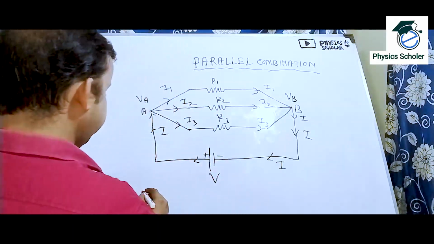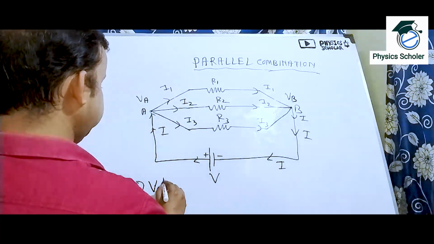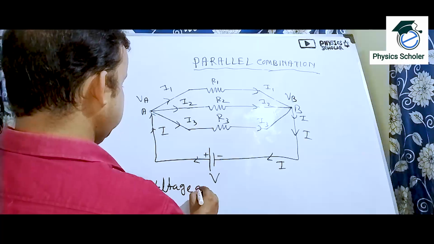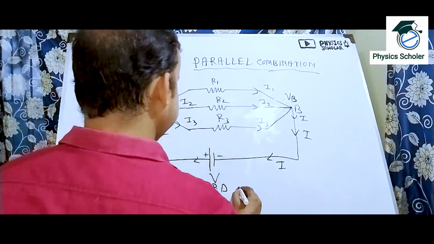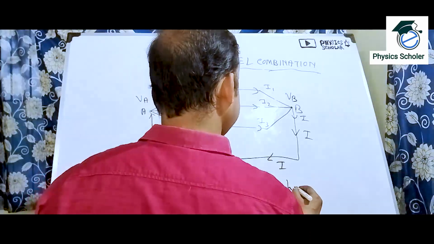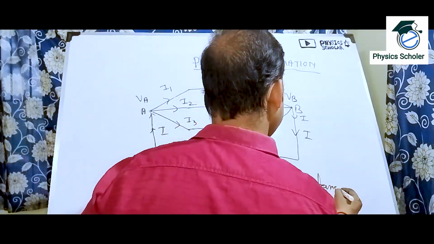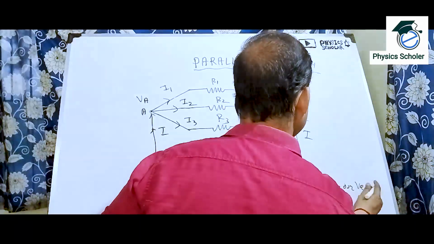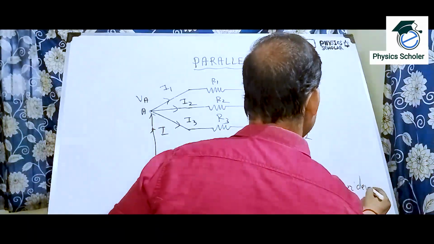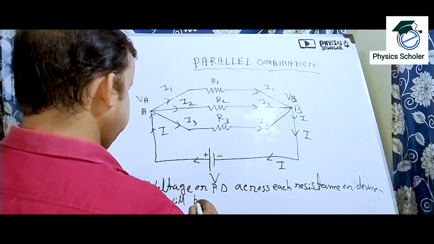So what are the characteristics of a parallel circuit? Number 1, the voltage or potential difference across each resistance or device will be the same.